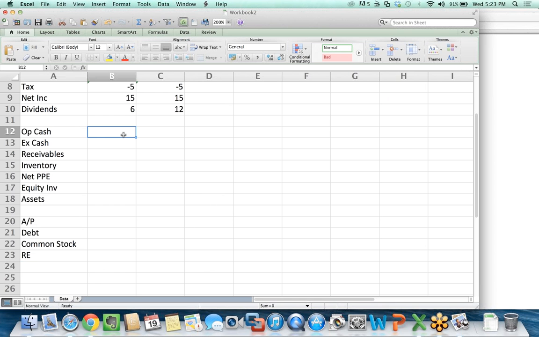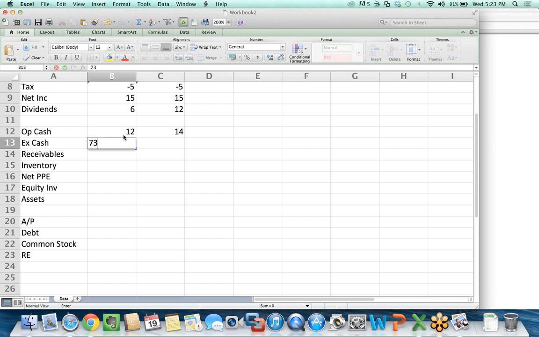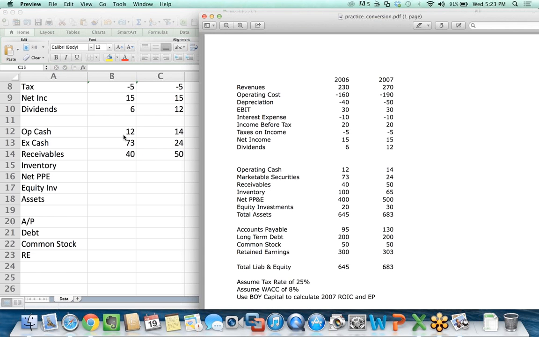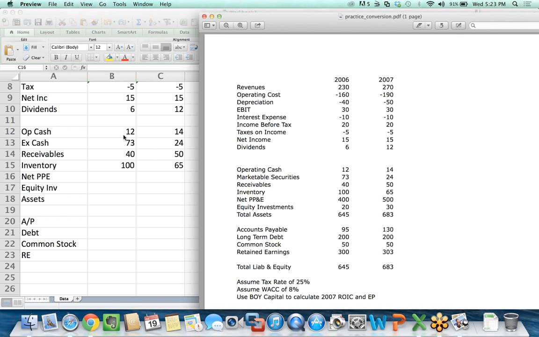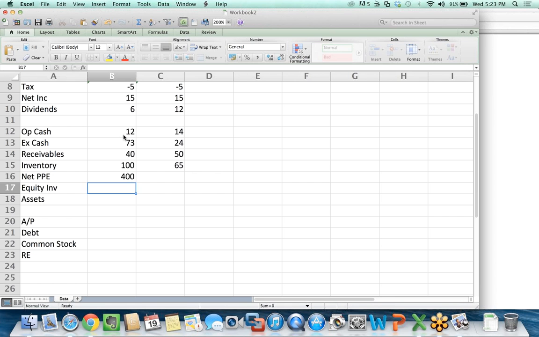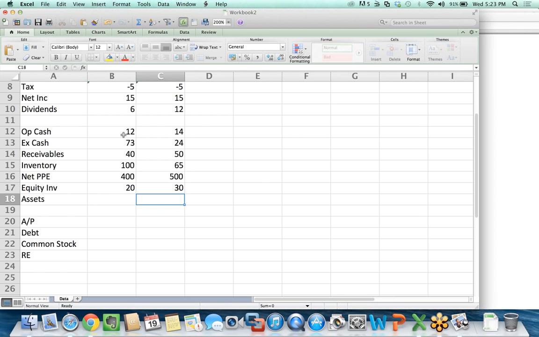Okay, so operating cash, 12 and 14. Excess cash, 73.24. Receivables are 40 and 50. Inventory is 165. Net PP&E is 400 and 500. And I will not make you go through this tedious process of an assignment. I'll have done this in advance. 20 and 30.